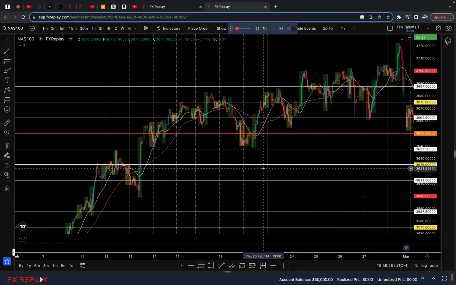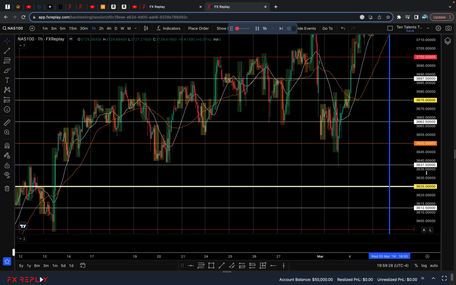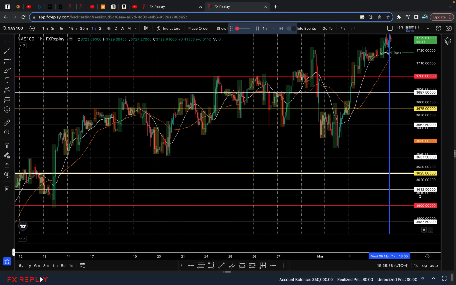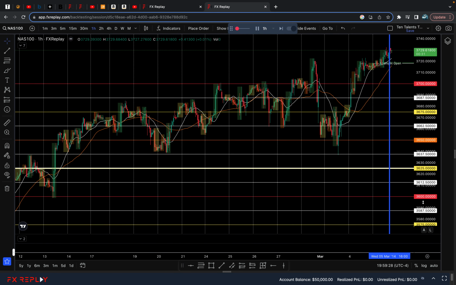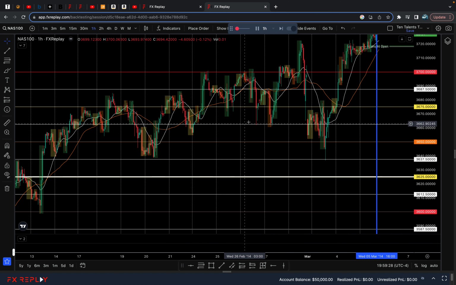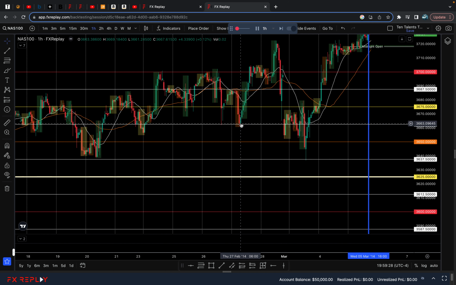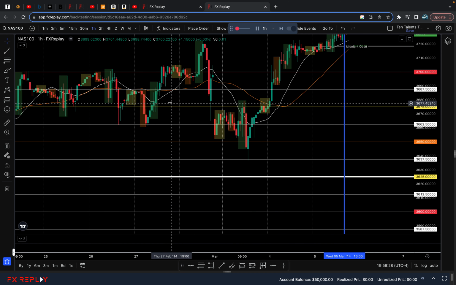Yeah, okay. So you can see this is where we were just at, the 600 to 700 level. I believe that's where we were just talking, and we were talking about bouncing off this little white line right here. And I was talking about how that was coming out of London. See, this is Asia right here. This is London right here.